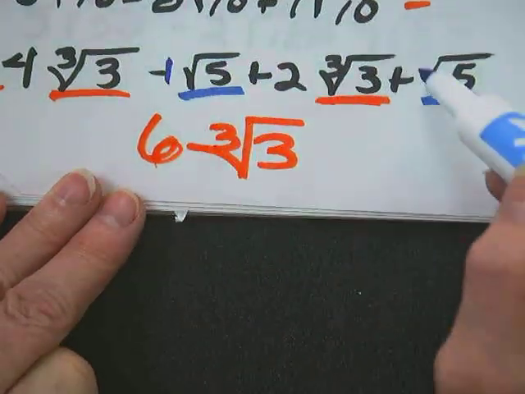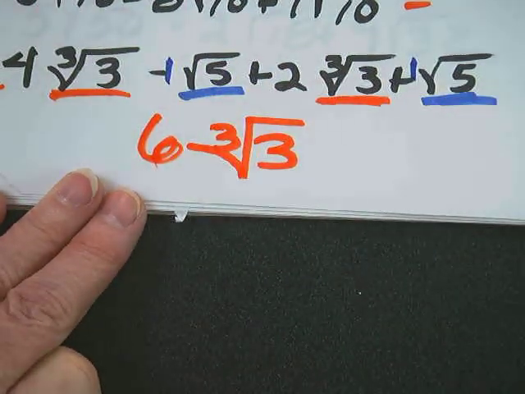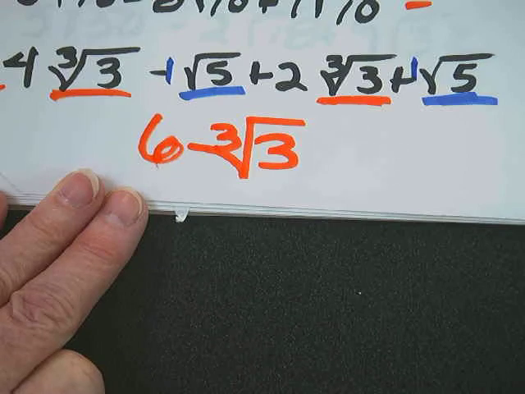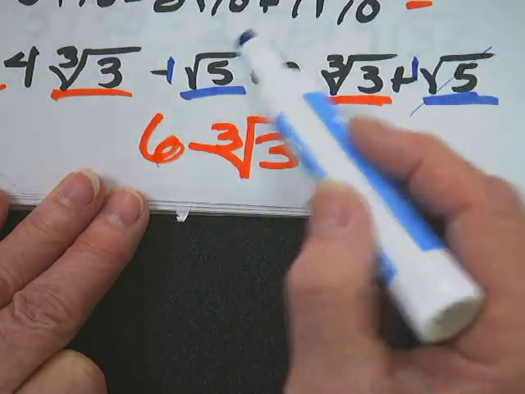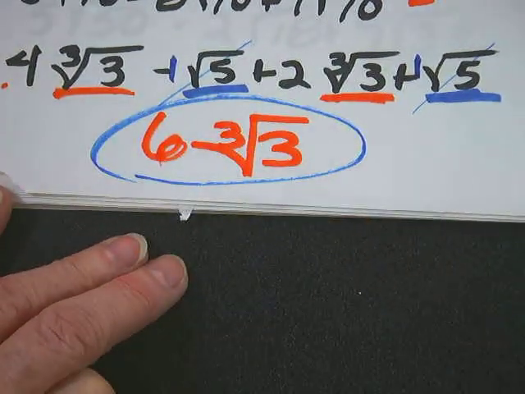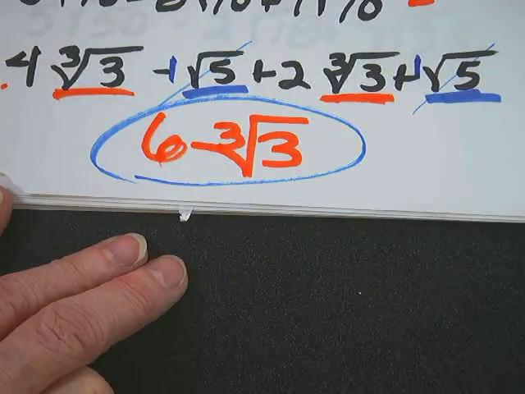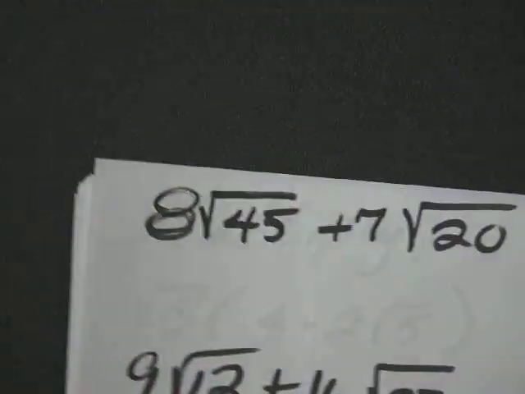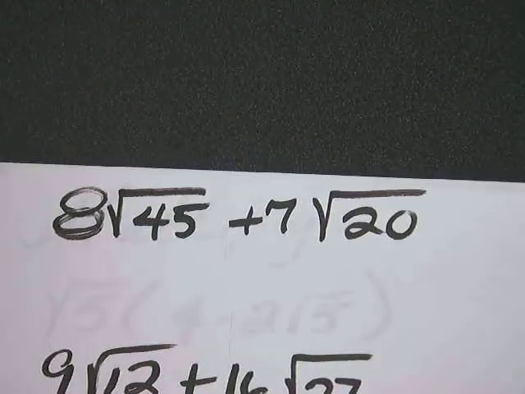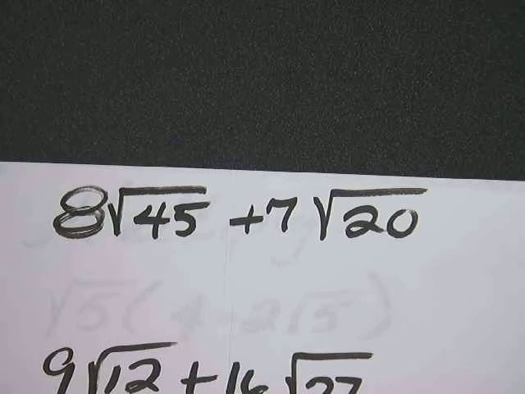Okay. And then we have a negative 1, right? And a positive 1, square root of 5s. That goes away, right? Negative 1 and positive 1. So that's really combining like terms, you just ended up with that term. Okay? Okay, next.